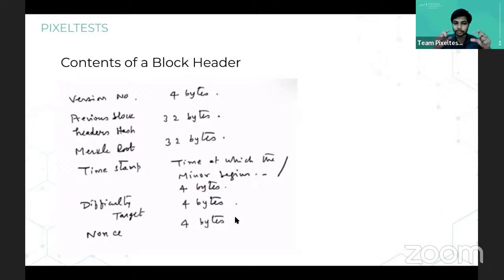Now specifically more about the nonce. All of these have some meaning which is easy to understand immediately. But what is a nonce? A nonce is a random number which is very difficult to find, right? When a miner finds this nonce, he will be able to solve the cryptographic puzzle. We'll also understand what a cryptographic puzzle is; people who have previously joined understand it well.